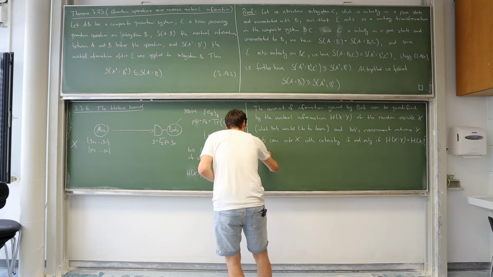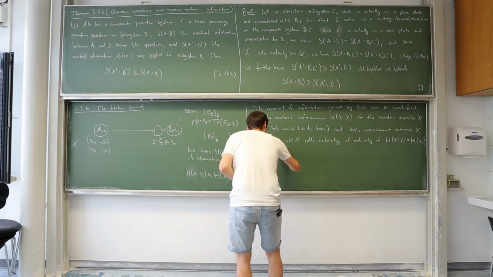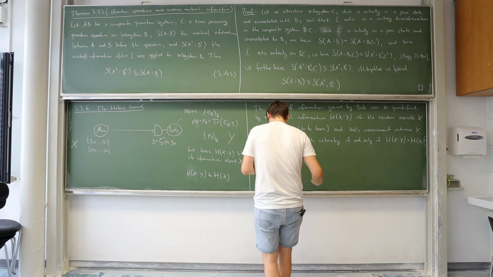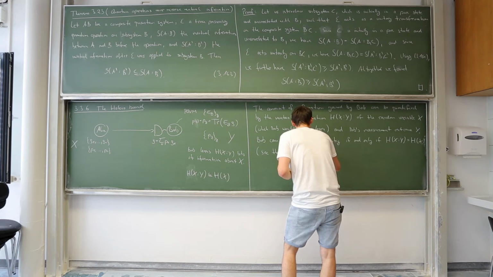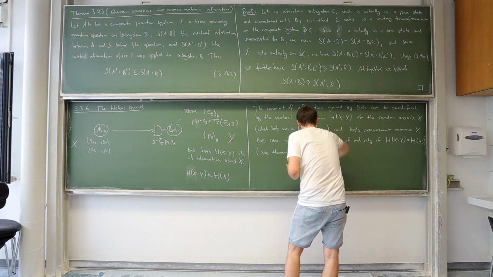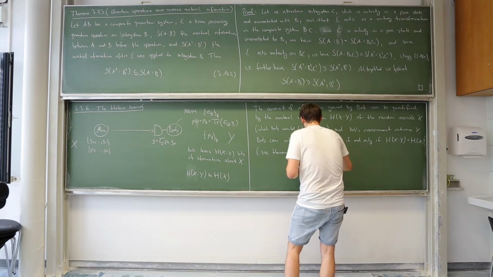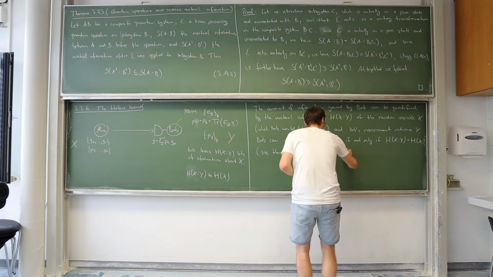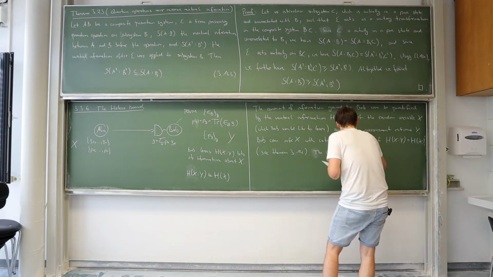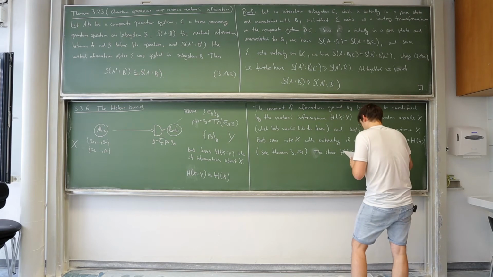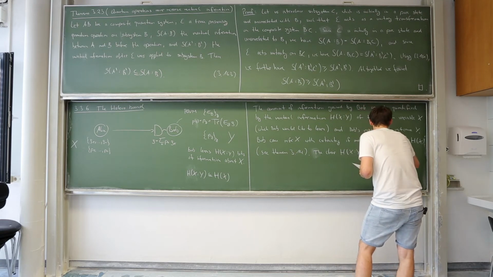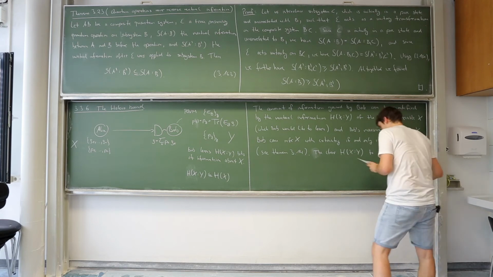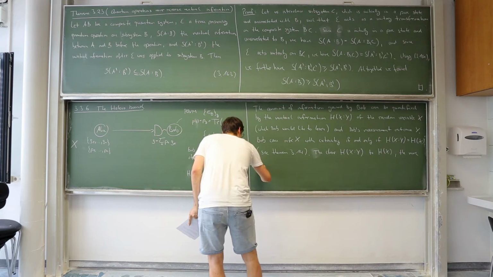This was theorem 3.14. This means that the closer the mutual information is to this entropy of X, the more information Bob has about X.